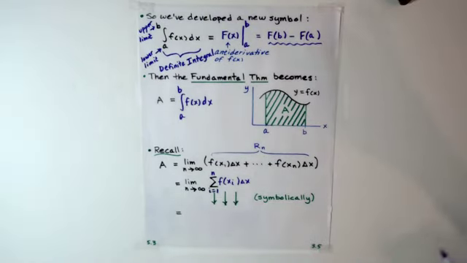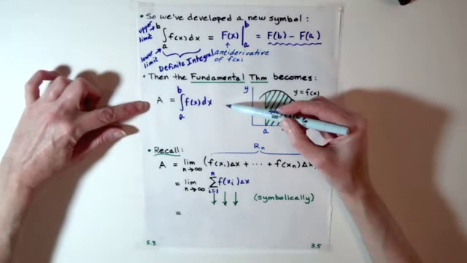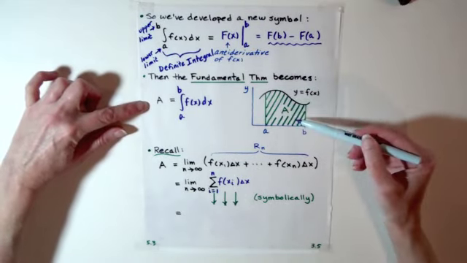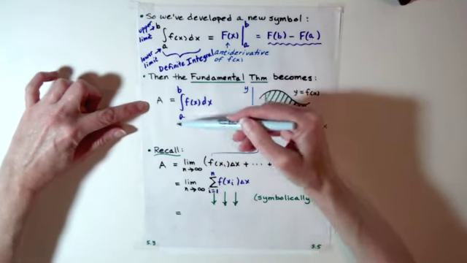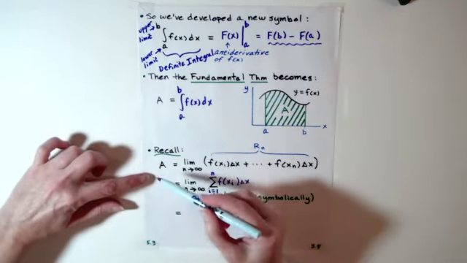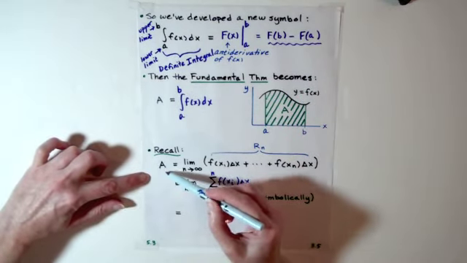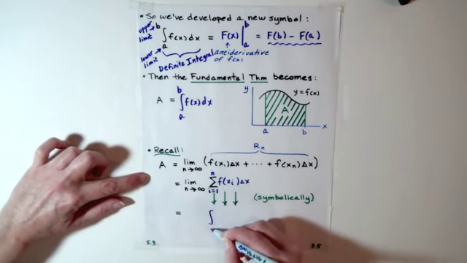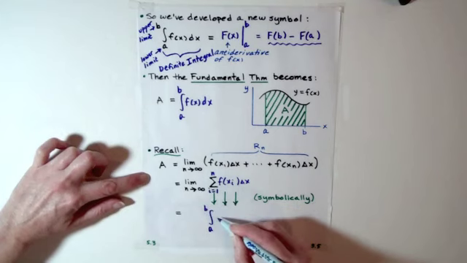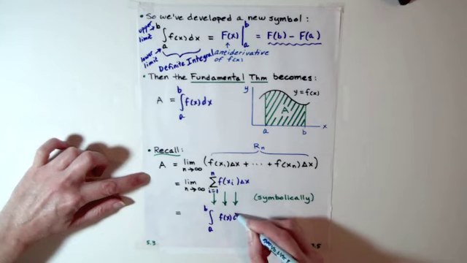But now we also know from what we wrote up here with the fundamental theorem, this exact area can also be given by this definite integral that we've just defined. So this exact area A can also be written as the definite integral from a to b of f of x dx.